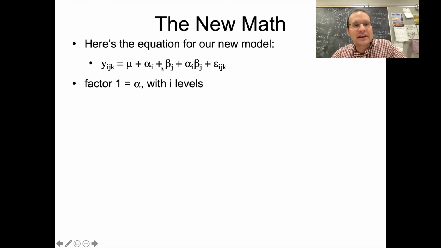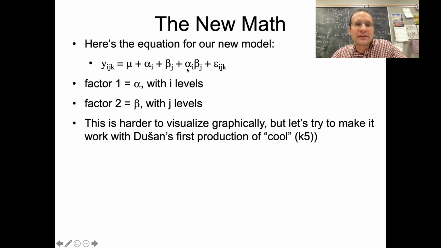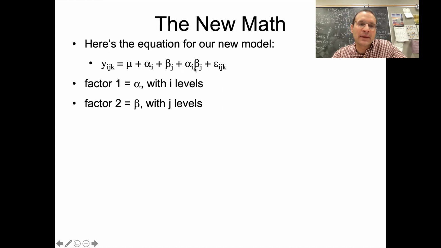And then there's a second treatment effect for beta, which is beta sub j. Then also the potential interaction of these 2 effects, alpha sub i beta sub j, and then this error term, which we have to add a 3rd subscript to because we have to consider 2 factors in addition to just the random error for each observation.